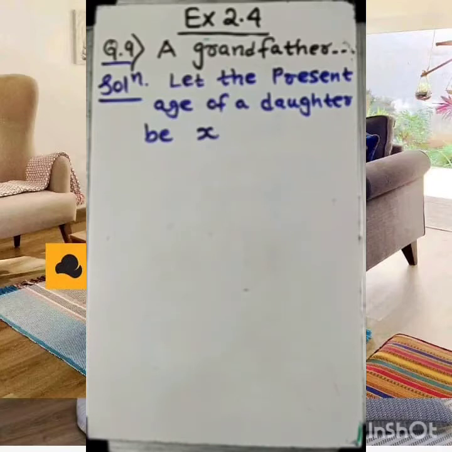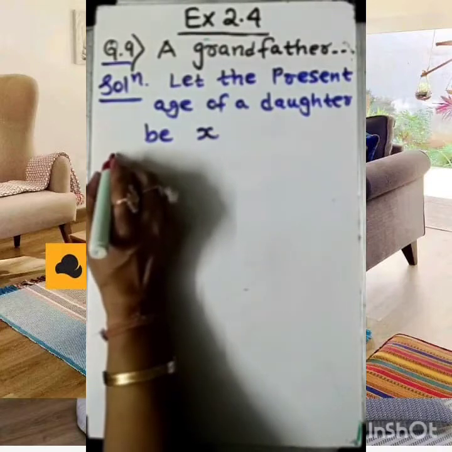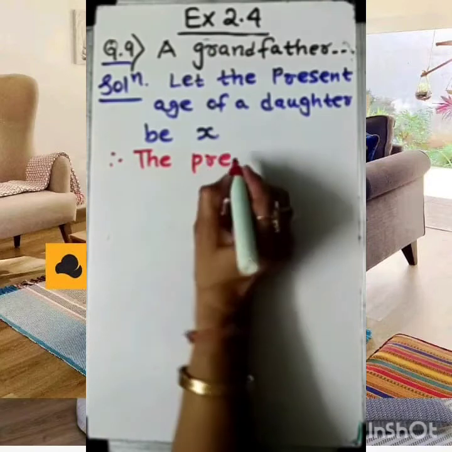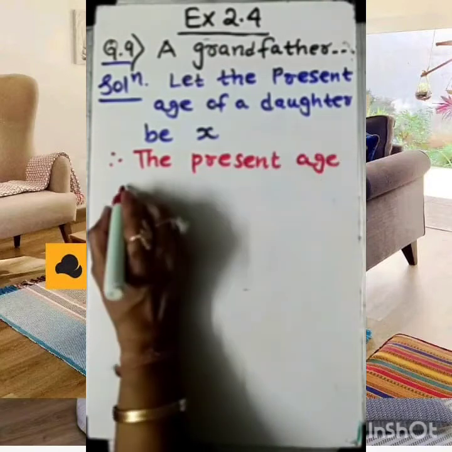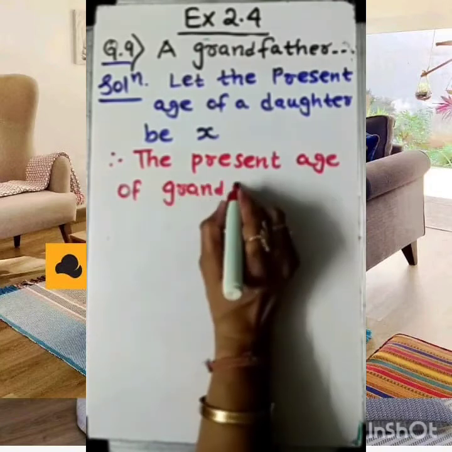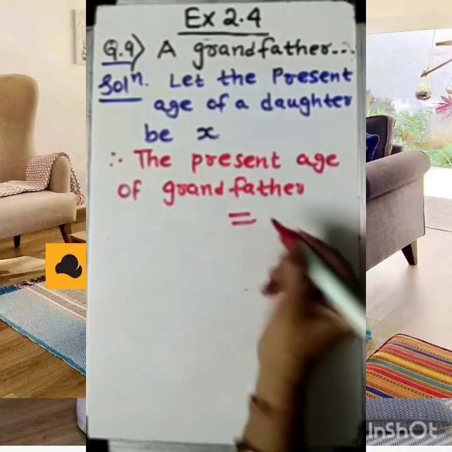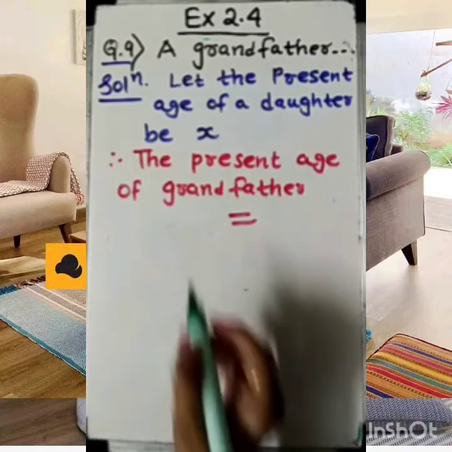If it is x, then the present age of grandfather will be, so we need to write, therefore the present age of grandfather, it is 10 times the granddaughter's age. 10 times the granddaughter's age, it means what is the age of granddaughter?